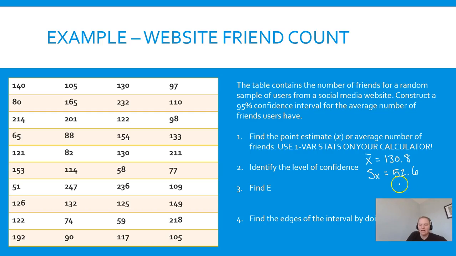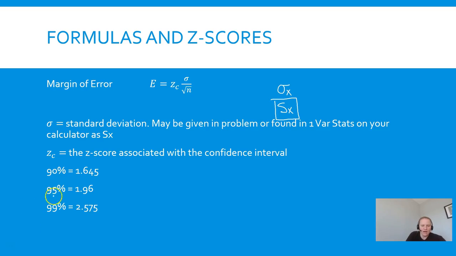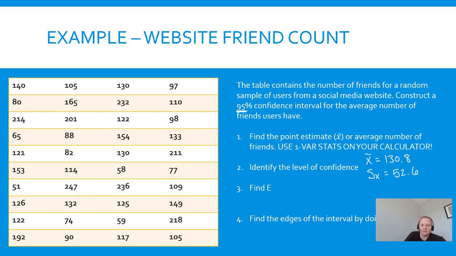Next thing we're going to do is find E, our margin of error. The formula is Z sub C, the Z-score associated with our 95% confidence interval. Like I said, I wanted you to have this written down. With a 95% confidence interval, that Z-score is 1.96.